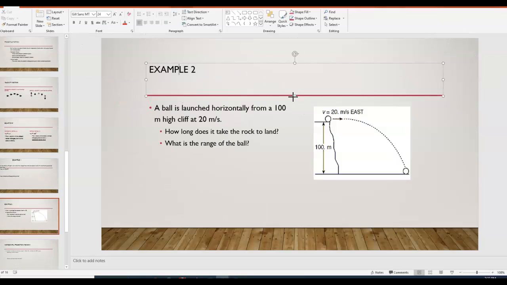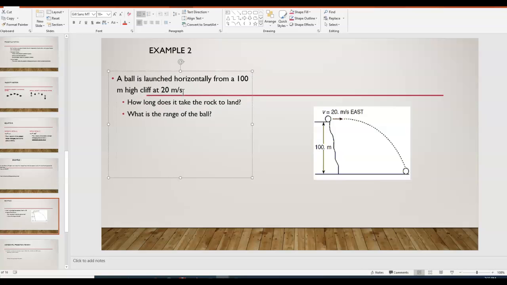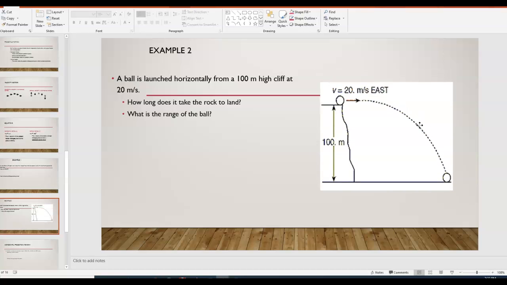Okay, so example 2, another projectile motion question, of course, and it says a ball is launched horizontally from a 100-meter high cliff at 20 meters per second. We got a little picture here to help us understand. Remember that the shape of this path is a parabola. We talked about that before. Okay, so the first question says, how long does it take the rock to land?